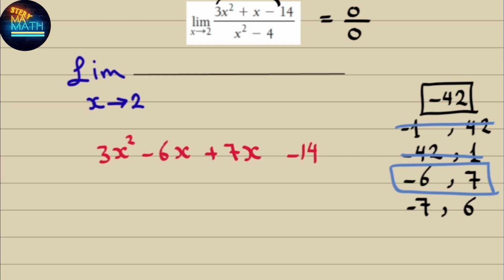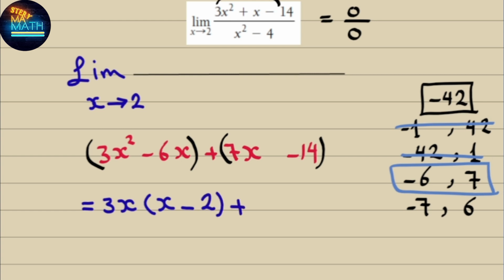The first group is 3x to the power 2 minus 6x, and the second group is 7x minus 14. Now you can factor out the greatest common factor for 3x to the power 2 minus 6x, which is 3x. Now divide each term by 3x. 3x to the power 2 divided by 3x is x, and negative 6x divided by 3x is negative 2.